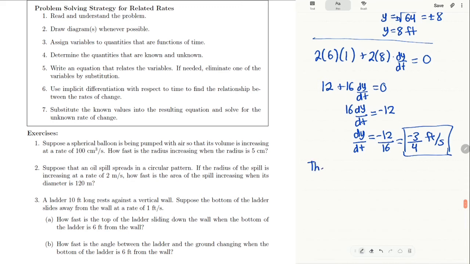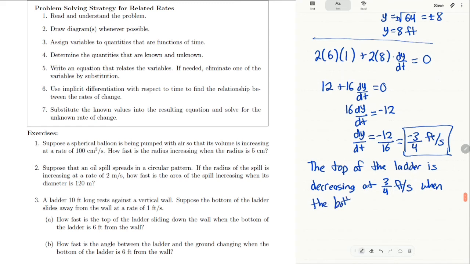So the top of the ladder is decreasing at 3 over 4 feet per second when the bottom of the ladder is 6 feet from the wall.